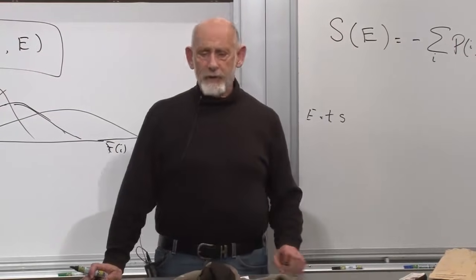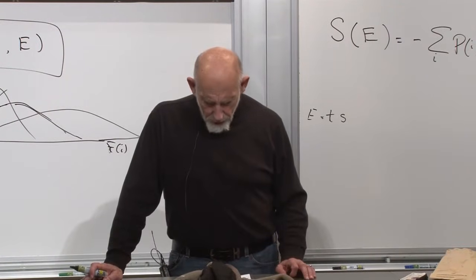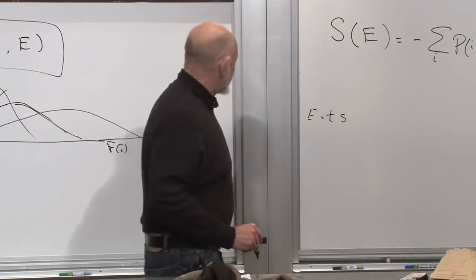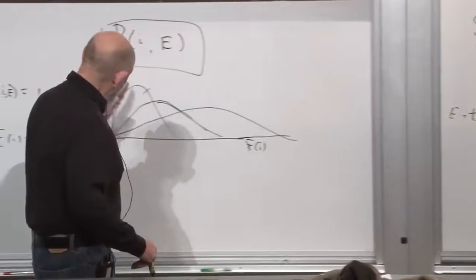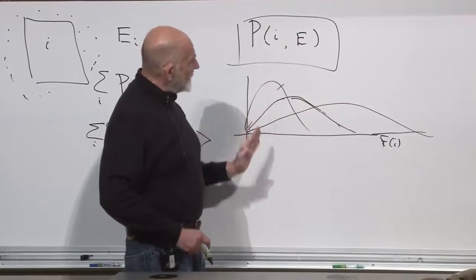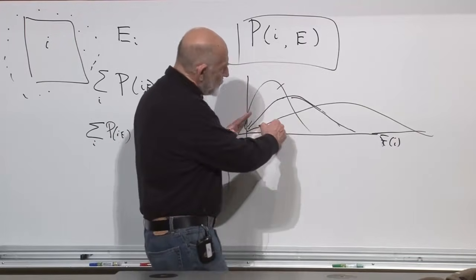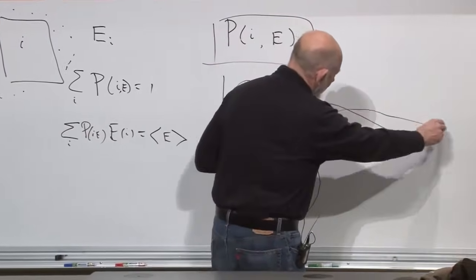Now let's ask a very funny question, an interesting question. How much energy does it take? Each one of these probability distributions, parameterized by a given average energy, the higher the average energy, the more they'll spread out to the right.